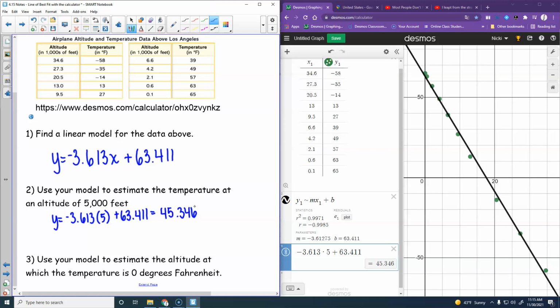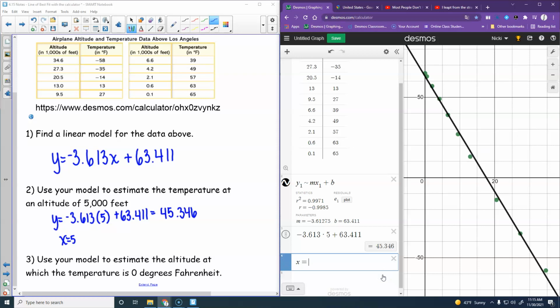Or, let me show you a really cool shortcut that you can use here. Was 5 an X or Y? What did I plug it in for? X. Okay. So I know that what I did there is I said X equals 5. Okay, watch this over here on Desmos. If I type X equals 5, it's going to put a vertical line right here at X equals 5. Notice that I've got a gray dot right there.